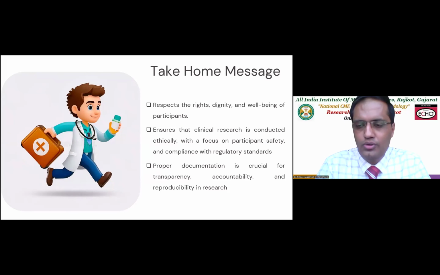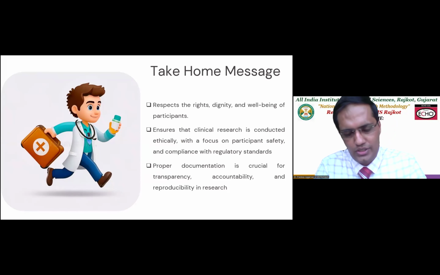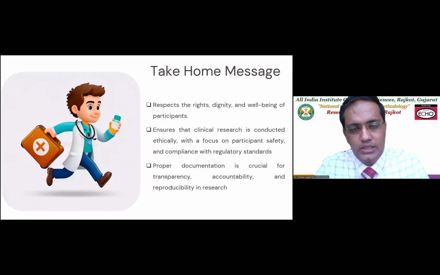Please ensure you maintain proper documentation, as it is crucial for transparency, accountability, and reproducibility in our research. I don't want to name anyone over here, but in the recent past, we have seen articles that have been retracted from journals like Lancet, saying there was a lack of proper documentation.